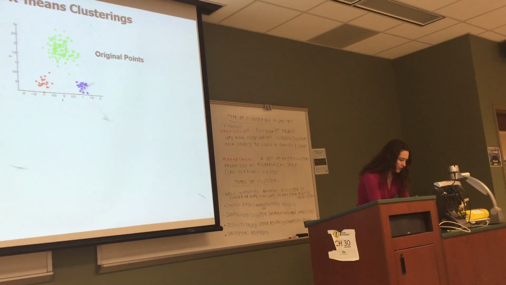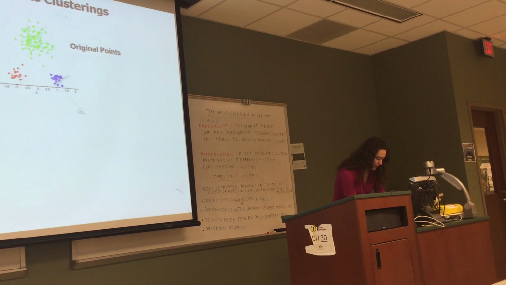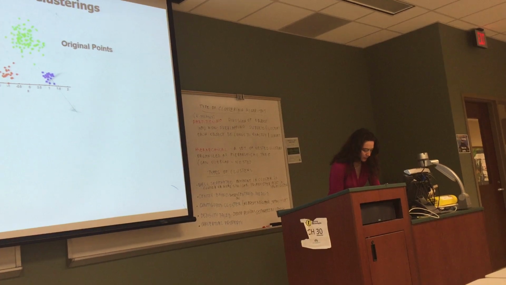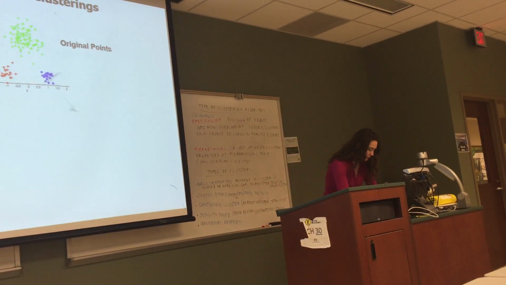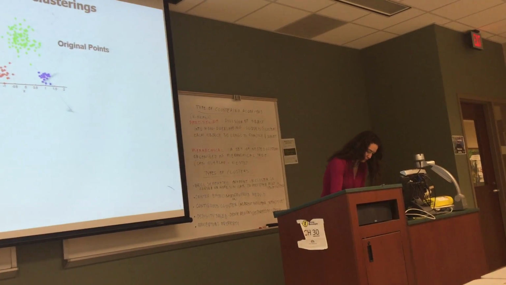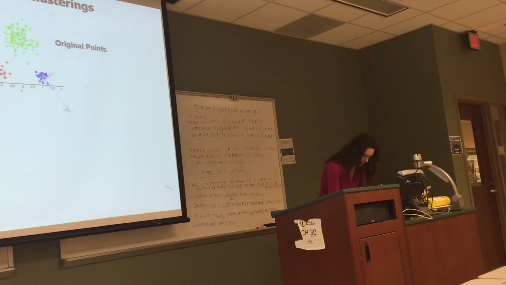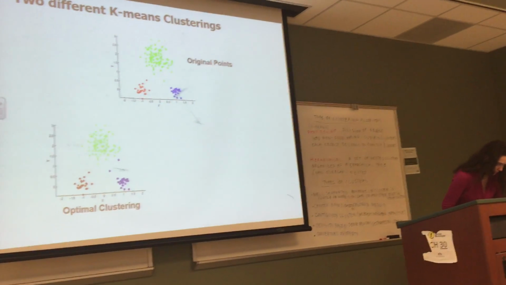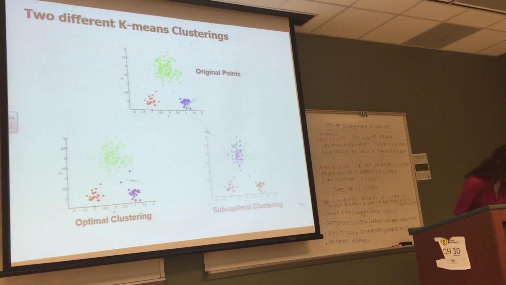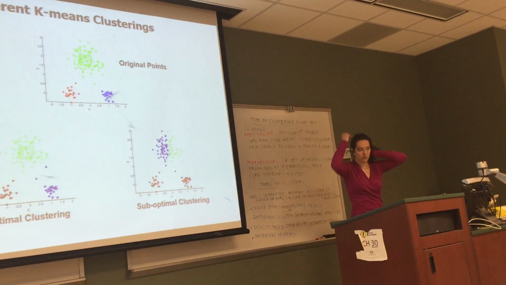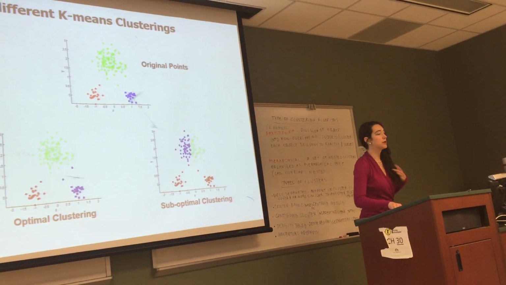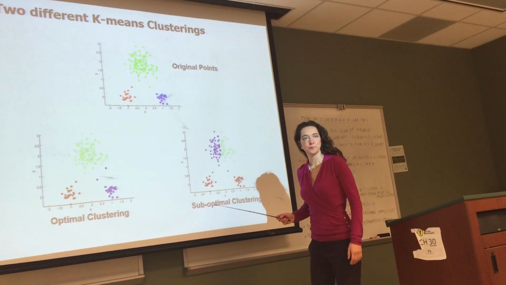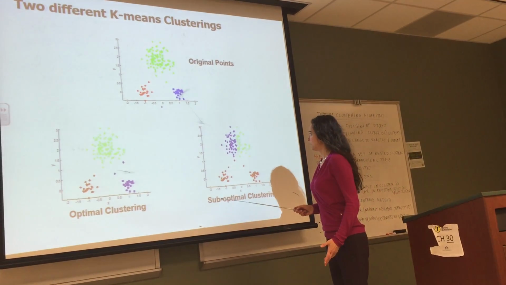So if we start with a bunch of points and we have chosen the centers at random, exactly these points were chosen at random as the beginning of the clustering.